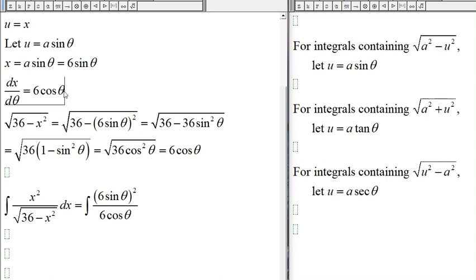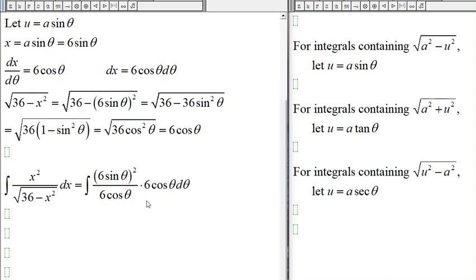And then also right here, dx is equal to 6 cosine of theta d theta. So in the place of dx, we have 6 cosine of theta d theta. And this 6 cosine theta and 6 cosine theta cancel out.